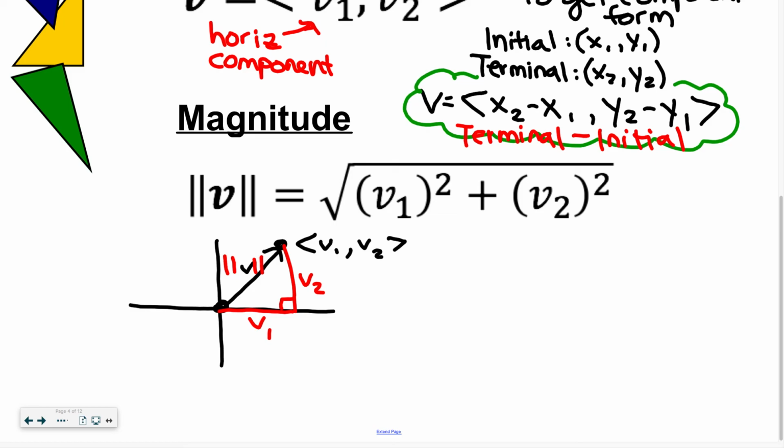Okay, see if you can do the example on the right. Find the component form and the magnitude given the initial and terminal points.